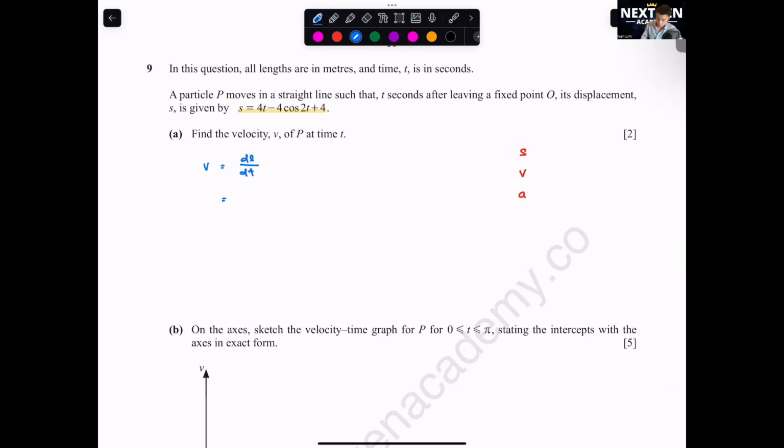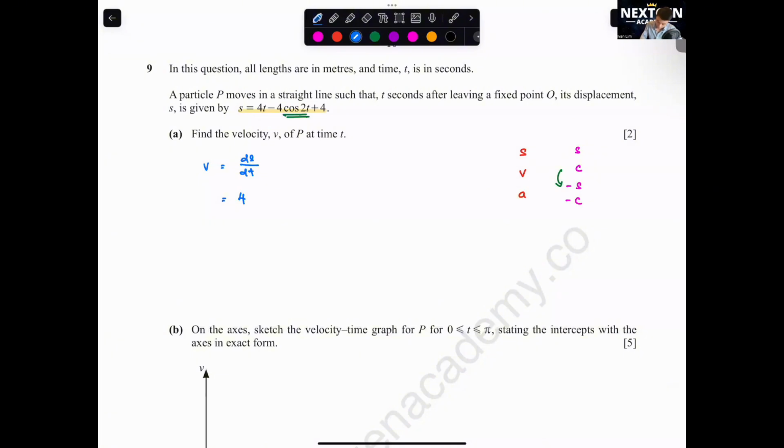So we will get here 4, and for cos 2t, we will use this one, s c negative c. Cos will become sine, so cos 2t will become negative 2 sine 2t.